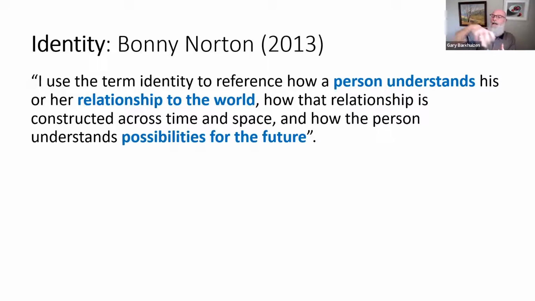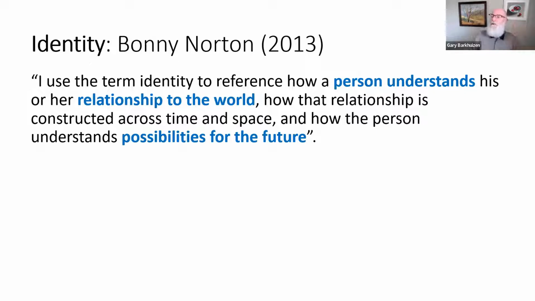You look at the person in a particular context, and how that relationship is constructed across time and space. So that relationship is constructed in relationship with other people over time and in different spaces. So you can see when she's talking about identity, it's not only about the person, him or herself, but the person in relationship to other people in the world over time and in different spaces, physical spaces and also social spaces, right?